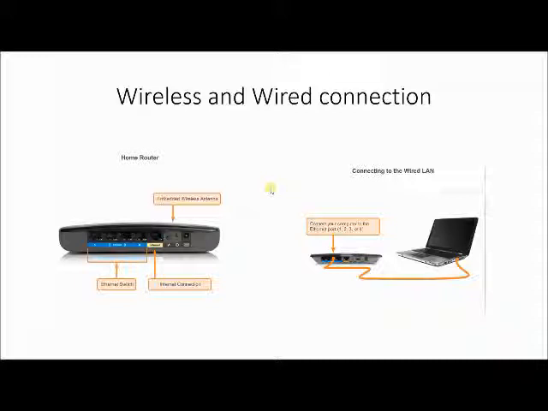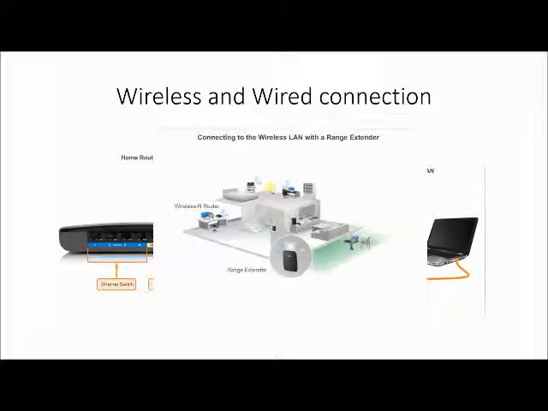In order to prevent the weakening of the signal in the wireless connection, we can have a range extender that helps us make the range of the signal wider so it reaches other places.